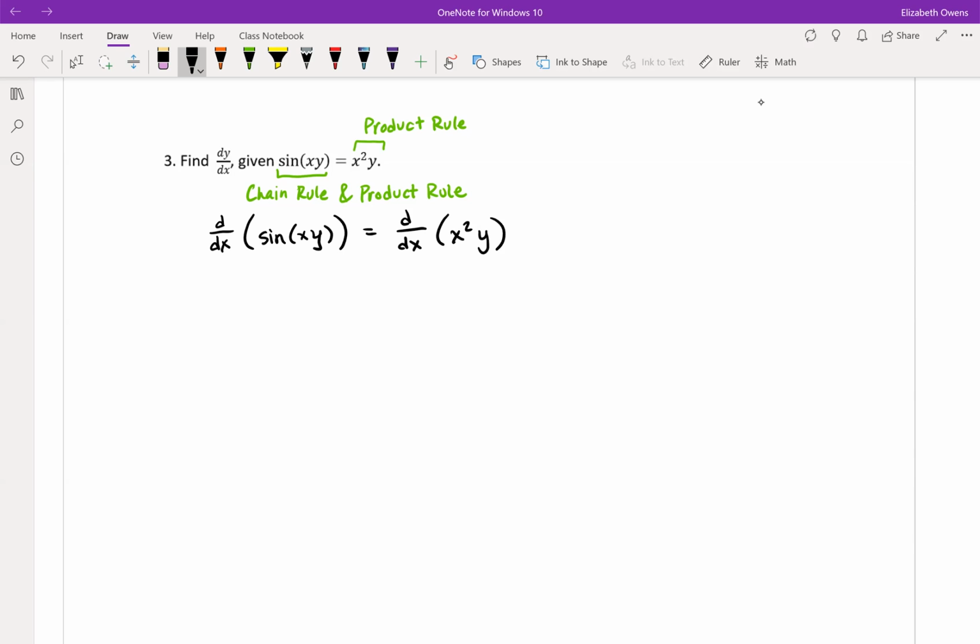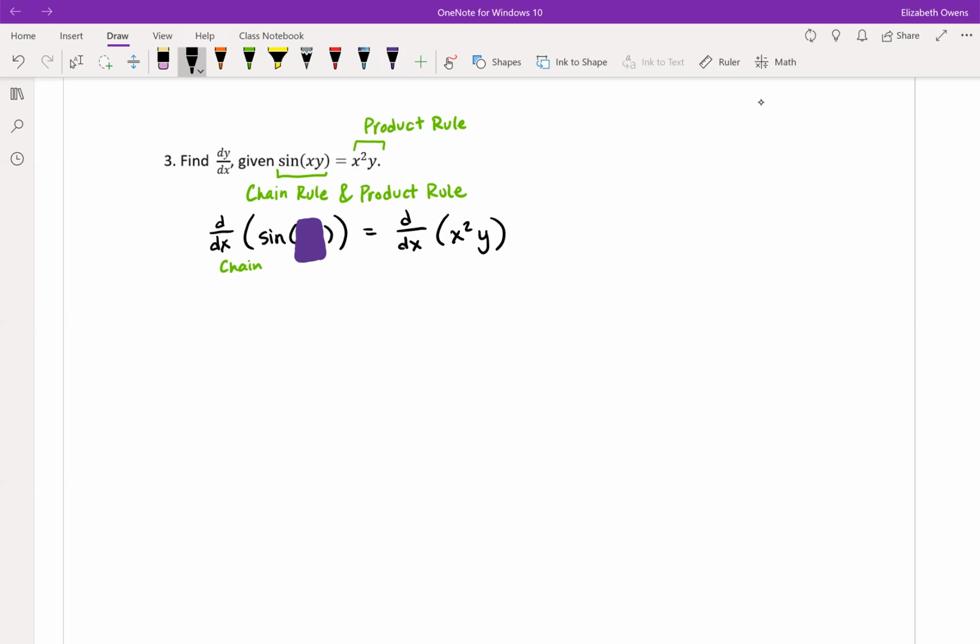On the left-hand side, we've got our chain rule and product rule that we're going to need to use. We'll start with the chain because we've got to take the derivative of that outer function, keep the inside the same, and multiply by the derivative of the inside. So, chain time. I will use the cover-up process as I typically do to cover up that inside function just for right now.